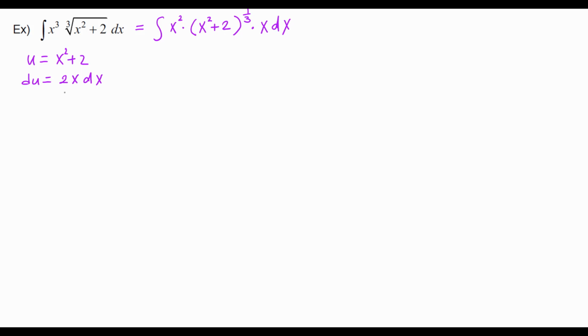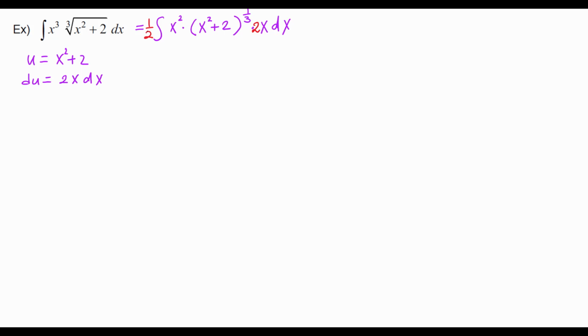Because my du is 2x dx, I can create 2, but I cannot create x. And good thing is, I do have a factor of x from x cubed. So of course you can create the 2 that you need by multiplying by 2 and dividing by 2. And we're going to substitute, of course.